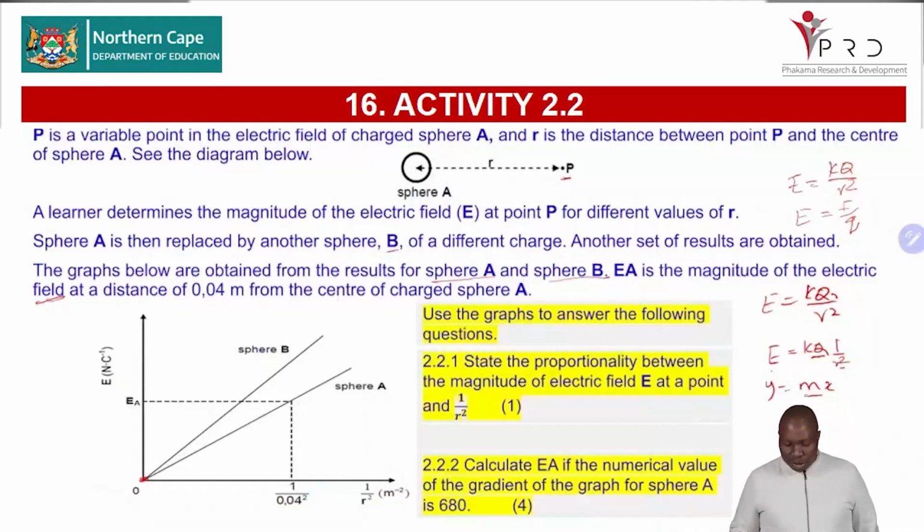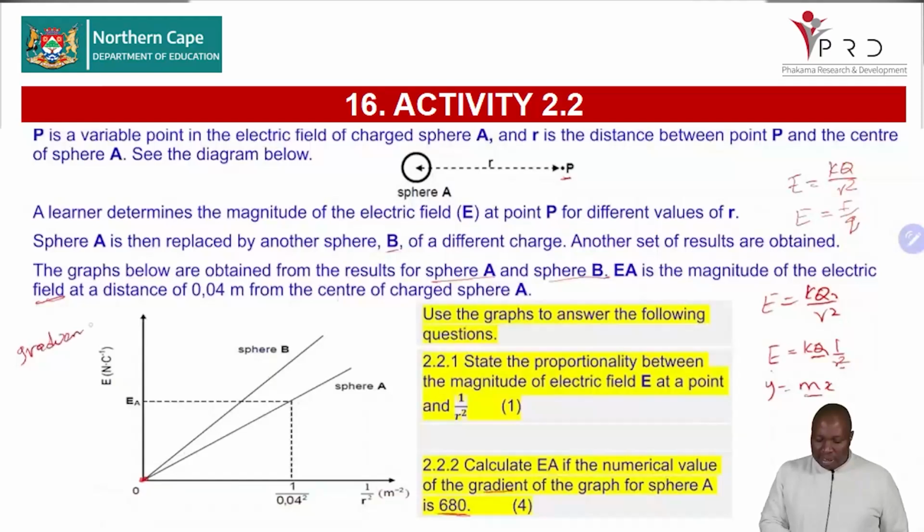And then the next question, which I want you to do, is to calculate the electric field for sphere A if the numerical value of the gradient of the graph for sphere A is 680. So I will give you just 3 minutes, but the main thing that I want you to remember is gradient. How do we calculate gradient?